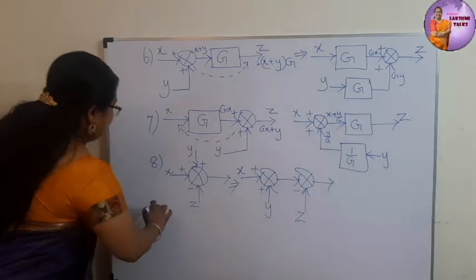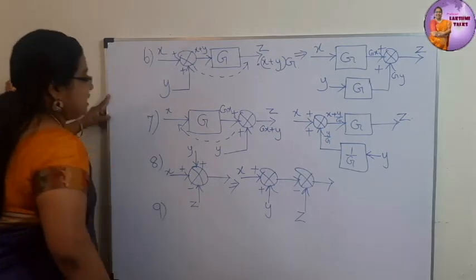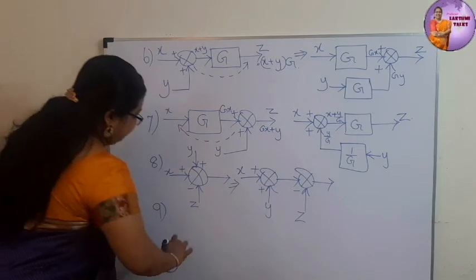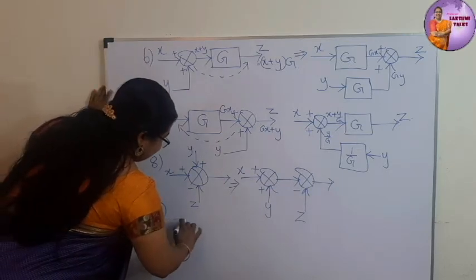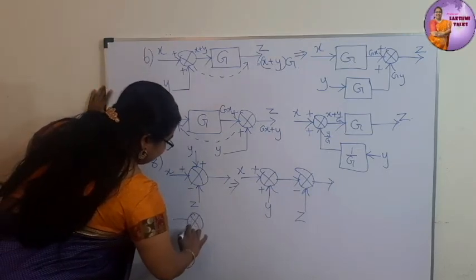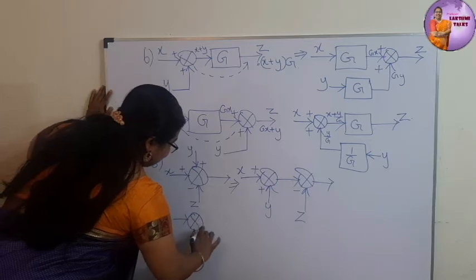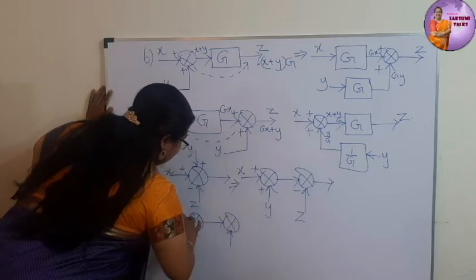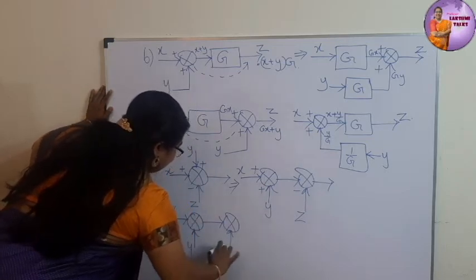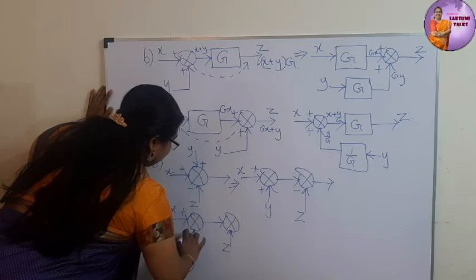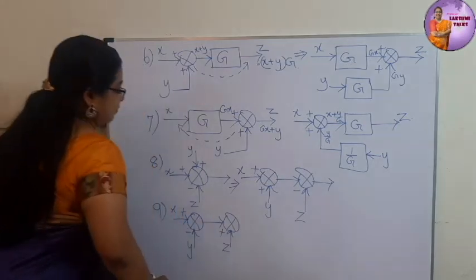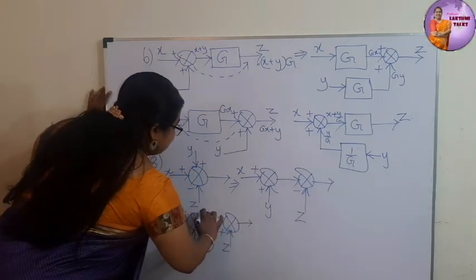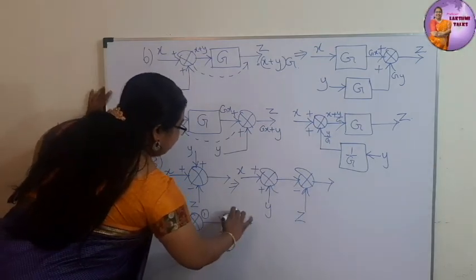And the last one is interchanging summers. Suppose you want to interchange these two summers, summer 1 and summer 2.